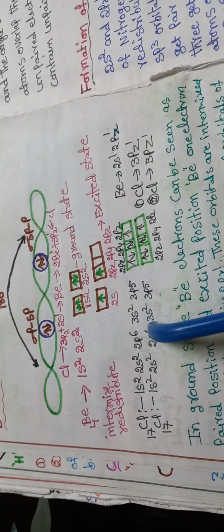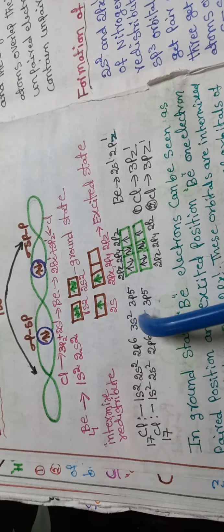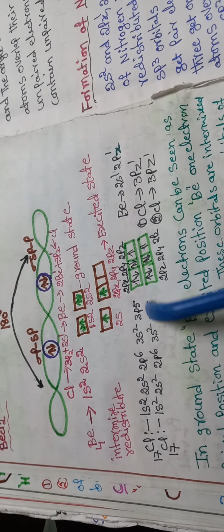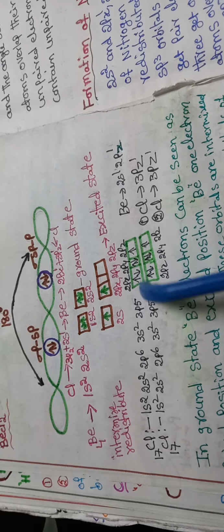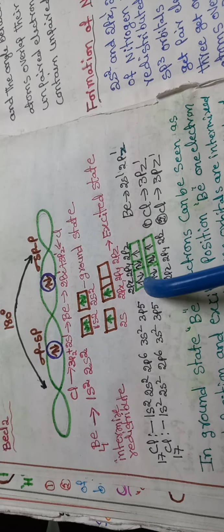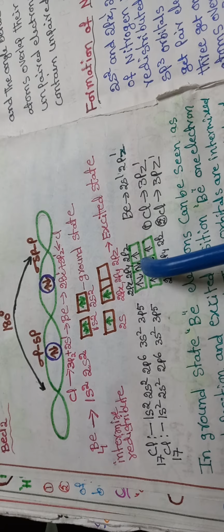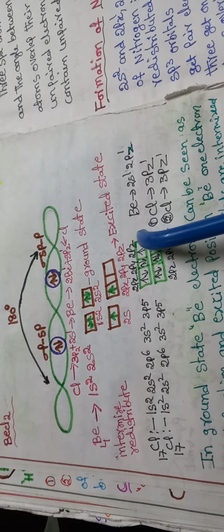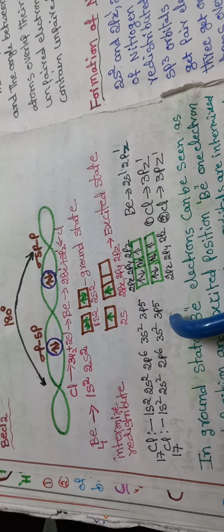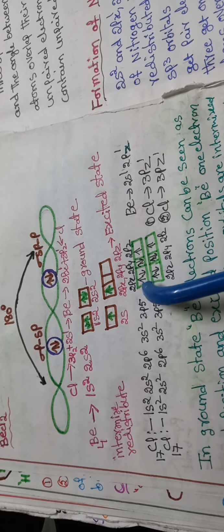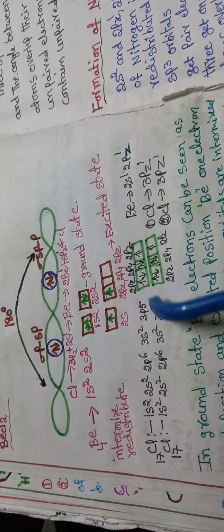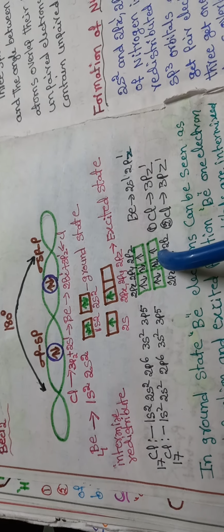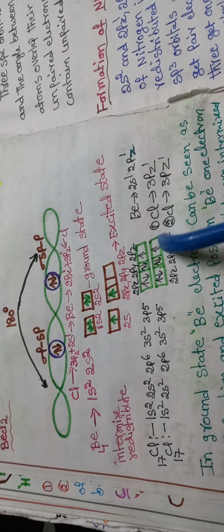When we count the outer shell electrons, 3p5. In the p orbitals, first paired electrons are there, second paired electrons are there, and in the last orbital, 3pz, one electron is there. In the second chlorine also, the outer shell has 5 electrons: first paired electrons, second paired electrons, and a last single electron.